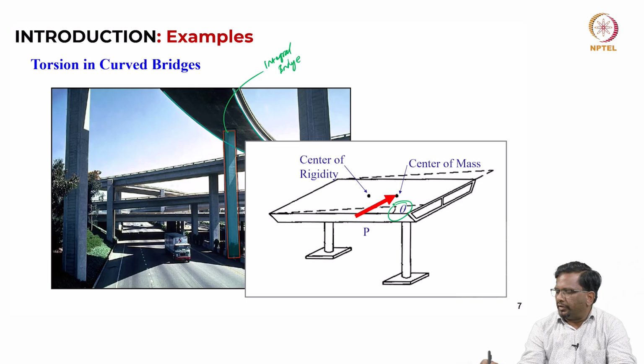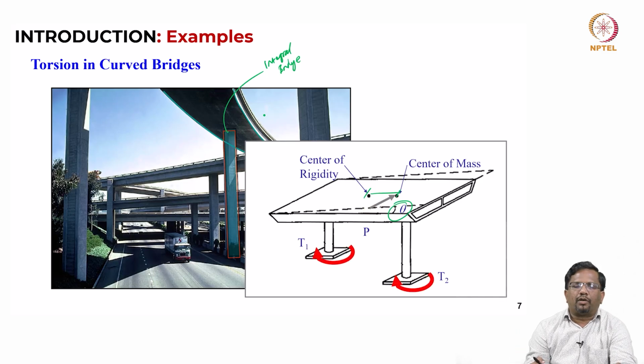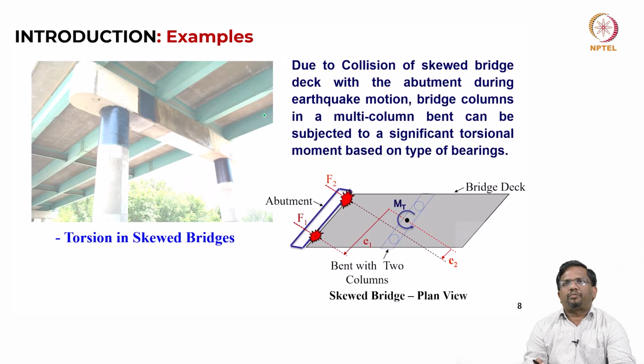If the center of mass and center of rigidity coincide, then there is no problem. But in this kind of curved bridge, it is not possible to have them coinciding. So, always you will have some eccentricity. Because of that, the deck will undergo rotation, and when the deck is rotating, the columns will also be subjected to torsional moment.